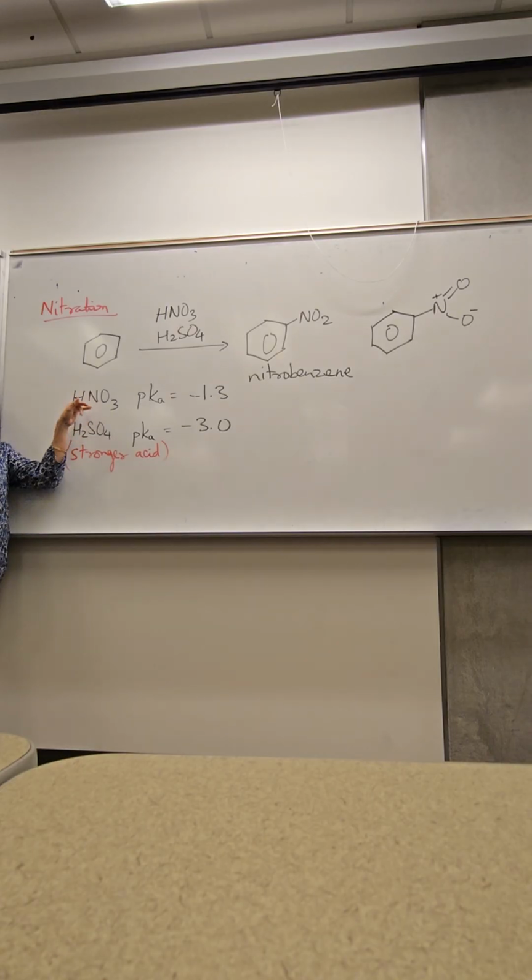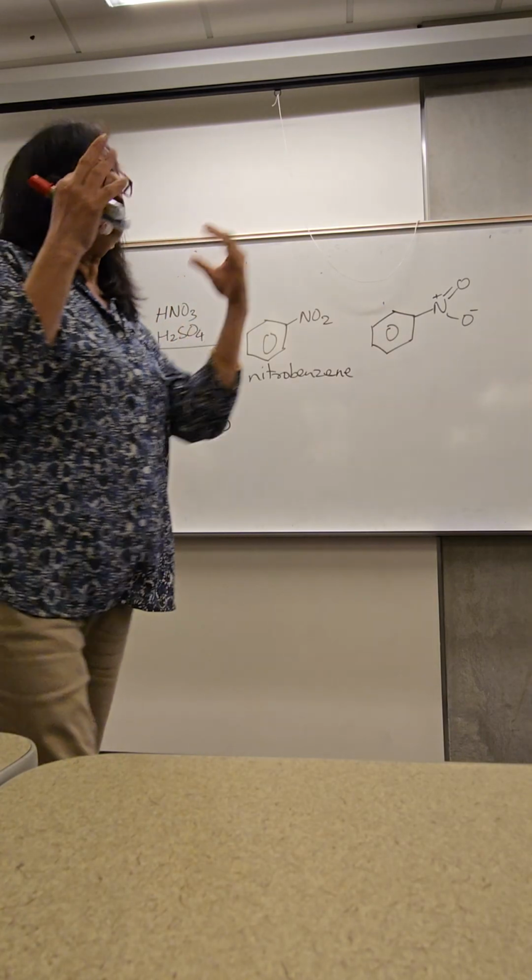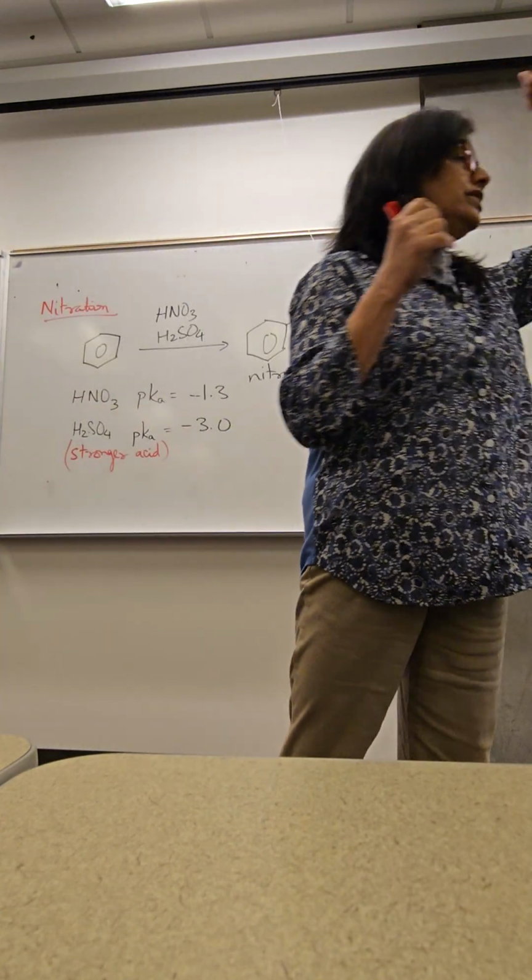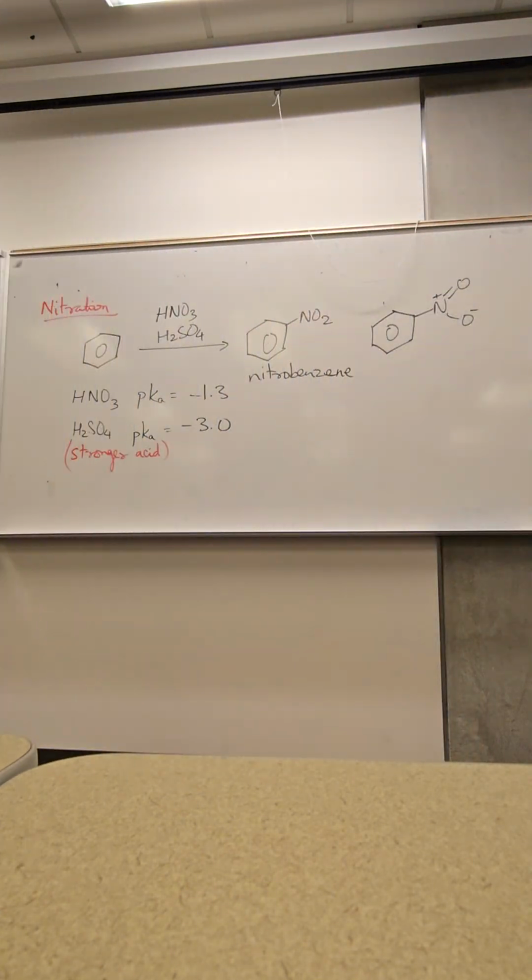If I have only these two together, sulfuric is the stronger acid, so it will donate a proton, and nitric acid will have to take the proton. That's a very weird concept to think about. Nitric acid, one of the strongest acids in this entire acid-base spectrum, is acting as a base here. Why? Because it's not about me, it's about the other one. It's always like that. Does everybody understand?